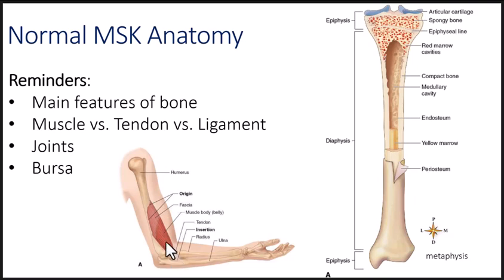So tendon then again connects muscle to bone, but what you can't see here because it's very fine is that there is a tendon present that's connecting this muscle to the bone. It's just not as obvious as it is here.